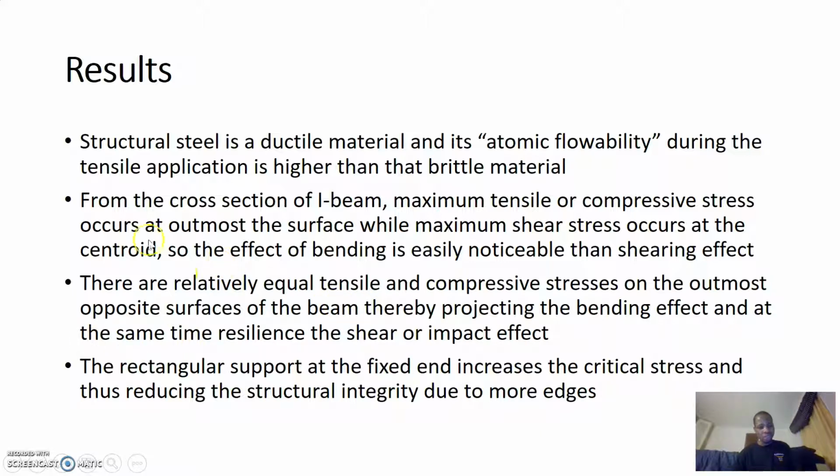So that makes it easy to notice the bending effects. And the rectangular plate or rectangular support at the fixed end increases the critical stress and thus reduces the structural integrity due to more edges.